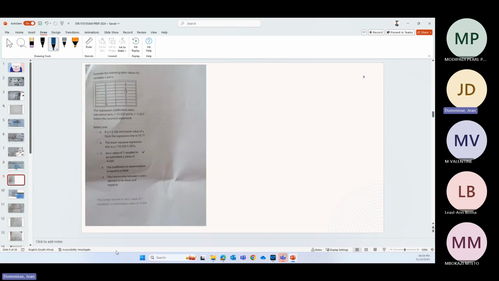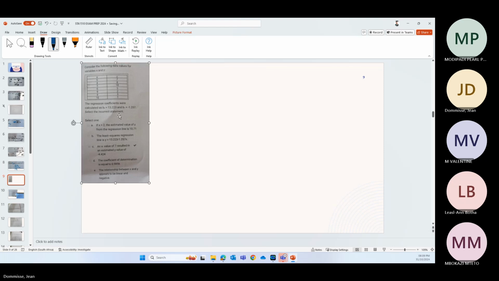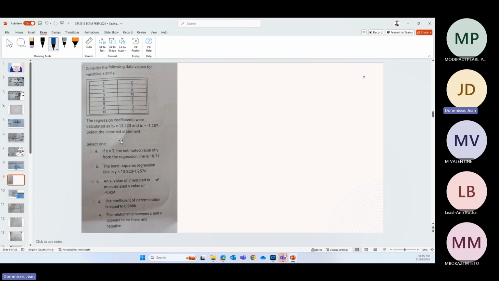Okay, so here again is very similar to one of those previous ones. Here we can again see that they are giving you the information for the straight line.